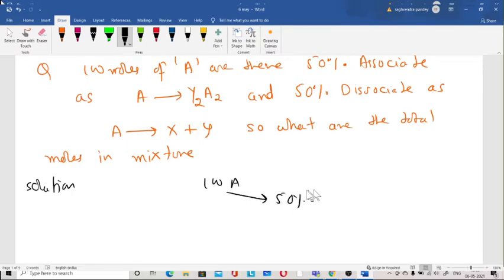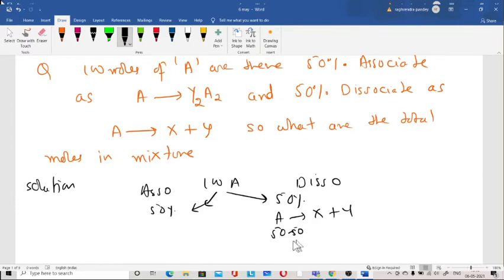50% will dissociate and 50% will associate. Out of 100, 50 are there and 50 are there. So dissociation, A gives X plus Y, so 50 minus 50, 100% dissociation gives you 50 of X and 50 of Y. Here it becomes 0, so total is your 100 here.